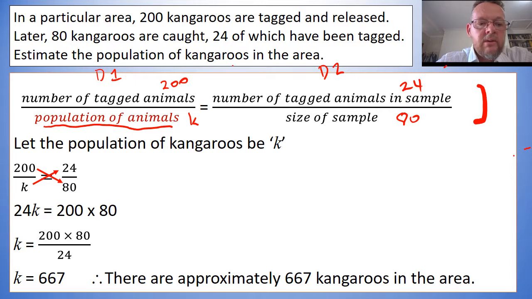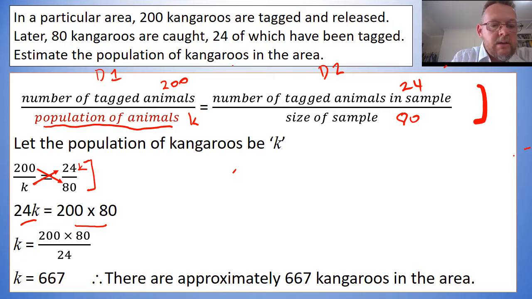So we can now do a little bit of algebra to work this out. We know that our equivalent fractions say 200 over K equals 24 over 80. So let's rearrange this equation to say 24K equals 200 times 80. Can you see that I have just swapped around a couple of things? So I've said K times 24 equals 200 times 80.